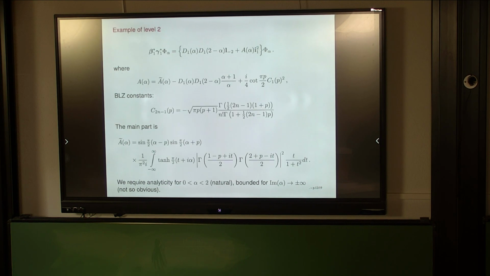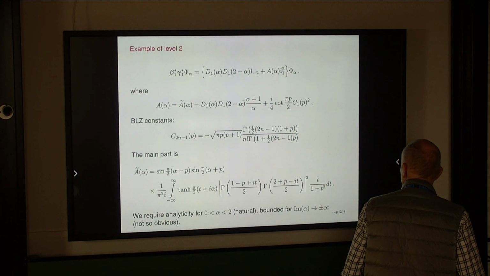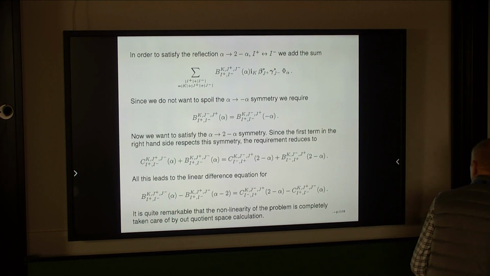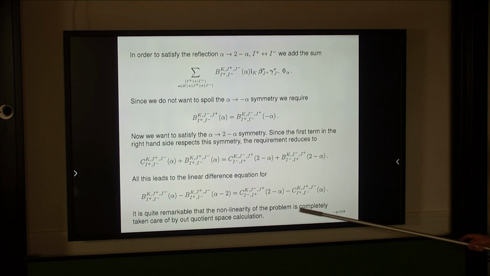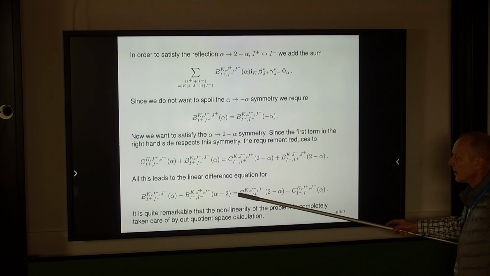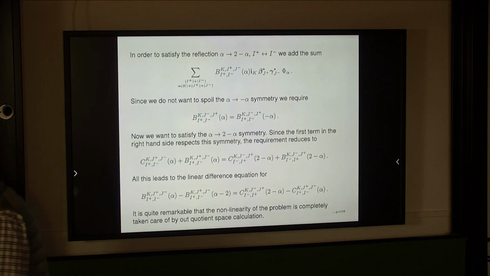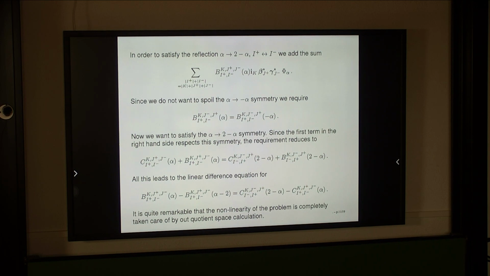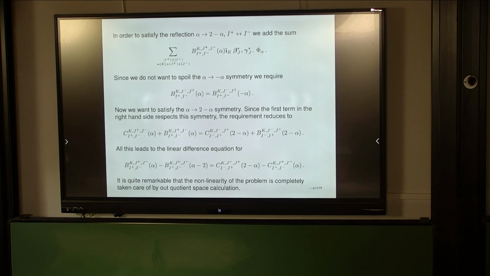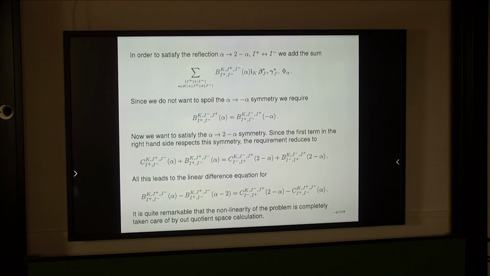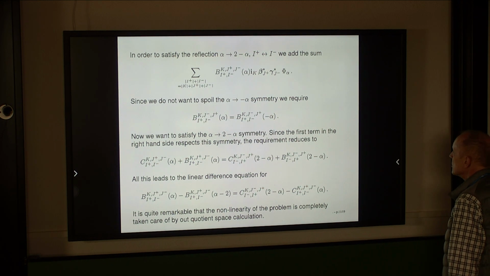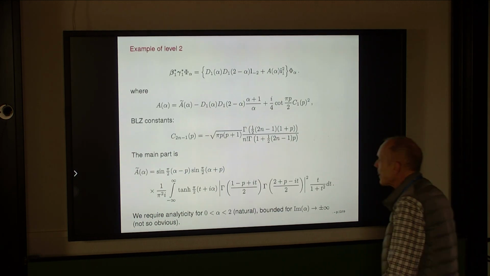For the singularities, the idea is simple: you require that in the strip alpha from 0 to 2, there are no singularities. This is quite natural. But on the other hand, I also require that when alpha goes to plus minus i infinity, this goes to a constant, which is probably not so natural, and I don't have a good explanation for this, but somehow it works.